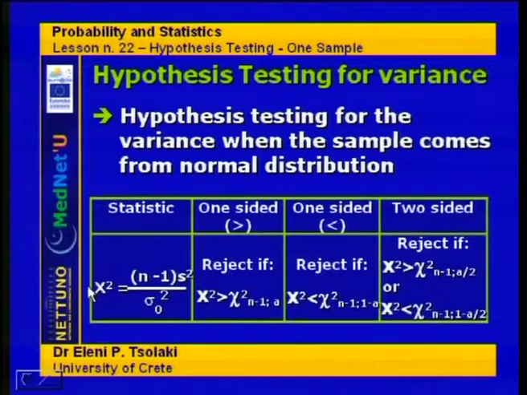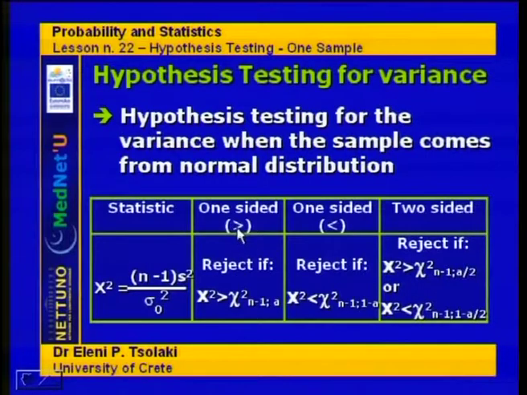Now we have to use a chi-square distribution here, so we are going to use the letter X squared for our statistic, which can be calculated from this formula here, where this number will be the value that we are testing the variance for.